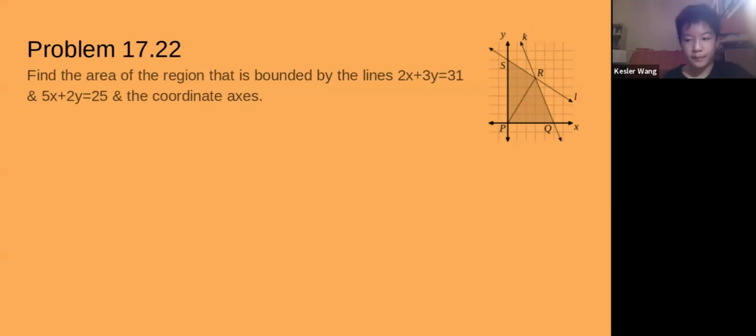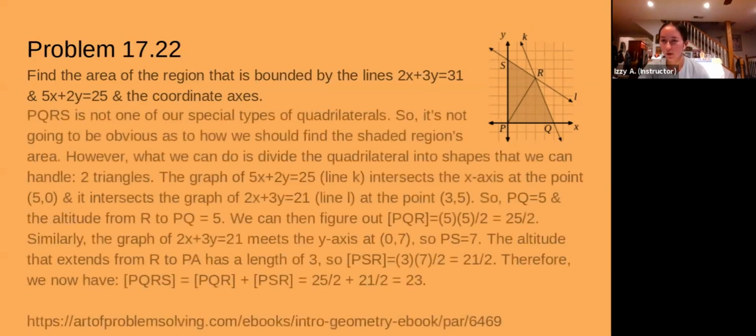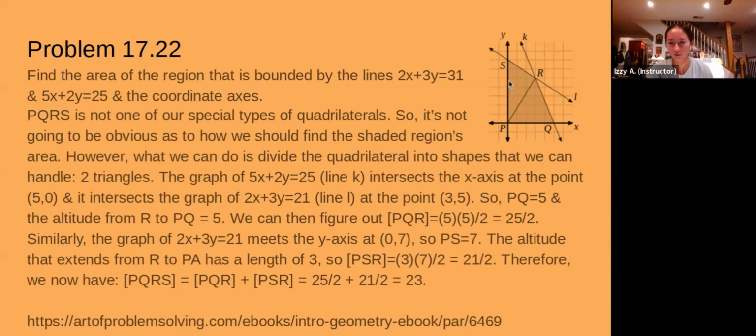Technically, you're not supposed to get the image, but I thought it would be easier to give you the image, though that simplifies the problem a lot more. But okay, we can go over the problem. Basically you would just find the area of these two triangles that are formed.